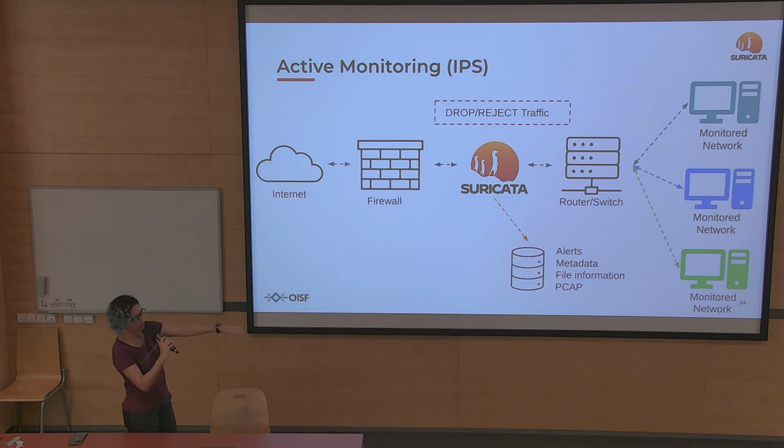If it rejects, it also sends a message saying that this traffic is not allowed to the sender and or the receiver. And it can pass traffic as well, which is saying, okay, this traffic is something that we know is not malicious, so don't worry about monitoring this, so you won't be wasting so many resources with that.